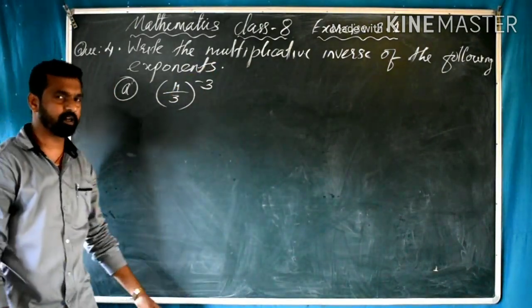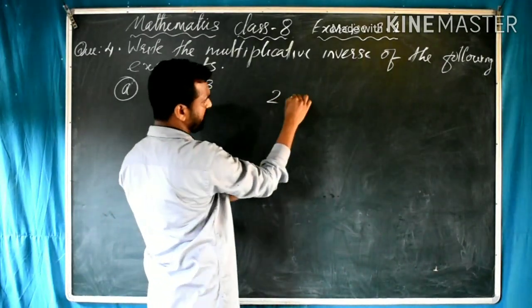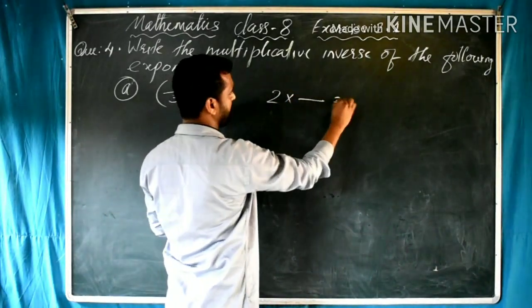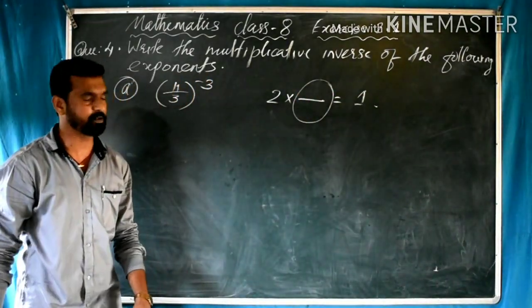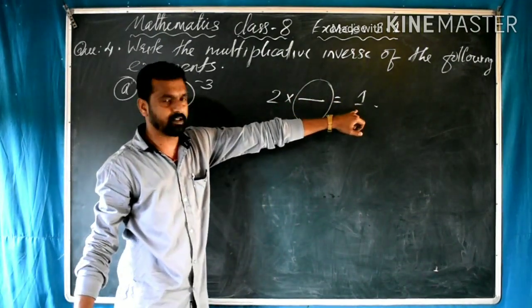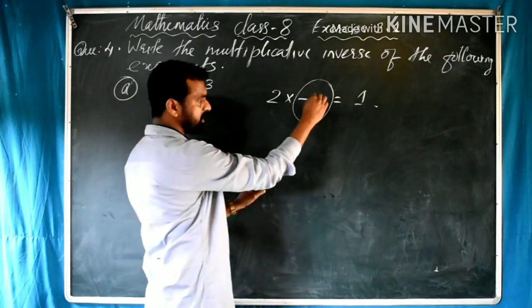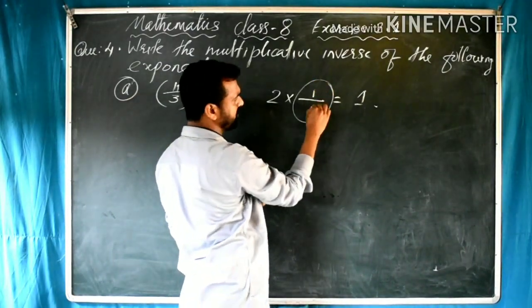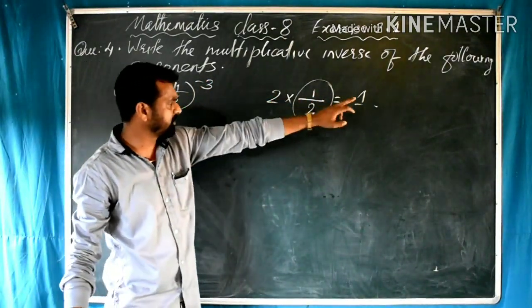What is the multiplicative inverse? We have studied it earlier. Multiplicative inverse of 2: 2 into which number is equal to 1? That number is called the multiplicative inverse of 2. 2 into 1 by 2 is equal to 1.